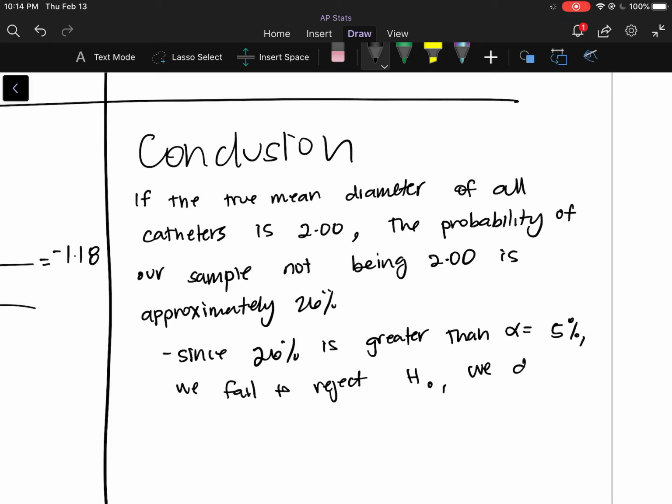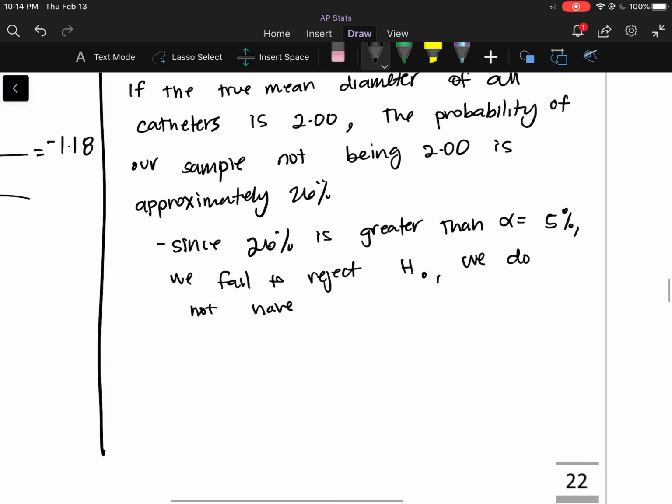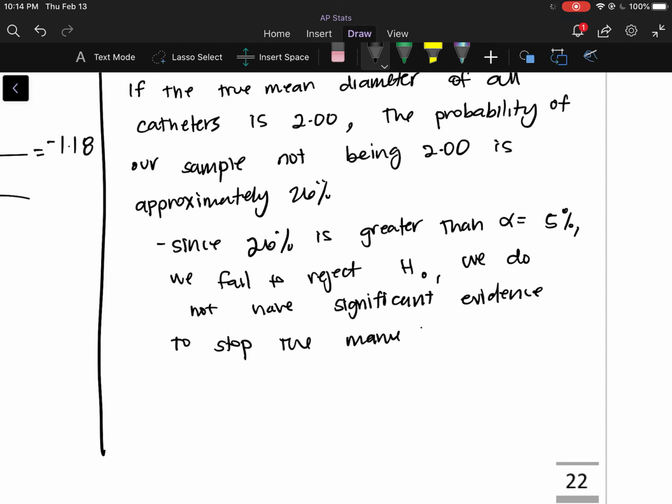So we do not have significant evidence to stop the manufacturing process. Okay.